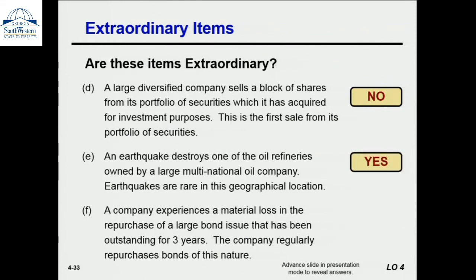So we had a rare earthquake. See, they tell us earthquakes are rare, so that's a yes. And then we had a bond issue loss, and they a lot of times have bonds, so that's a no. So do you see what we have to do is go and look and see if it's unusual or infrequent.